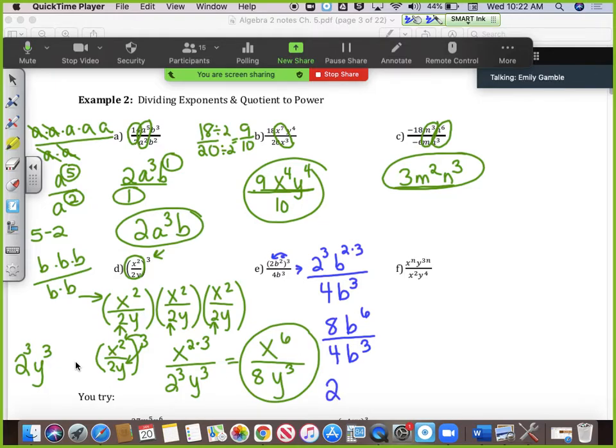And b to the 6th power over b to the third power means there's 6 b's multiplied on the top, 3 on the bottom. 3 on the top will cancel out with 3 on the bottom, leaving us with 3 on the top. And we can get that from the quotient rule. 6 minus 3 is 3. So this will end up being 2 times b to the third power.